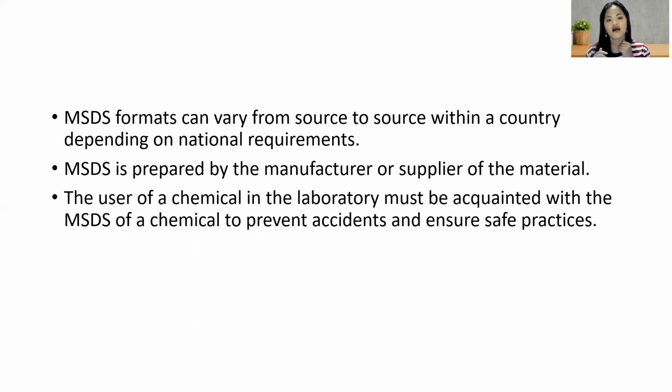Of course, it should be produced by the one who made it, who really produced it in large quantity, so you should get it from the manufacturer or supplier of the material. Some of the chemicals that you receive when you purchase will include the MSDS along with the packaging, and that's a good thing they do.